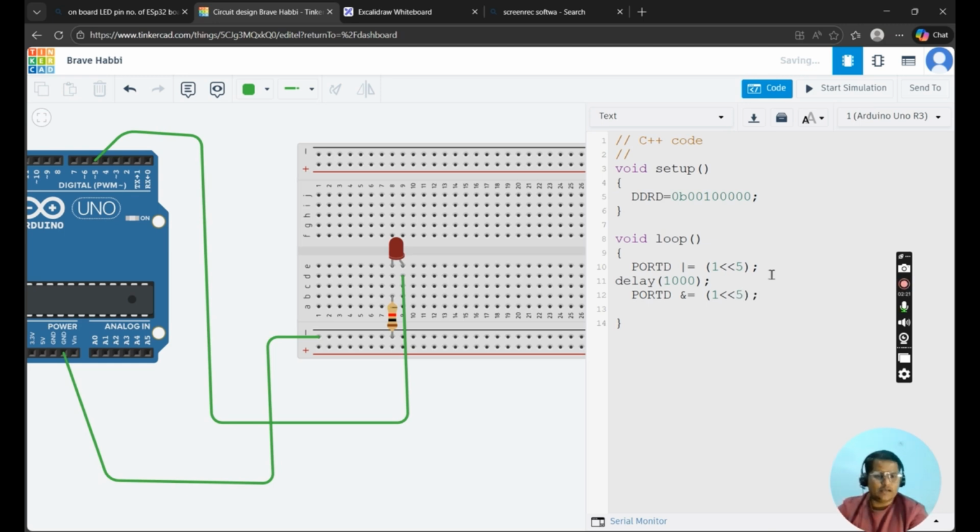If I do this, I'm just doing AND with the same thing. Now it should blink, but there is no delay, so you won't be able to see it turning off. So again we have to put a delay. Now let's see the output. The output will be amazing and you will have a clear understanding of how all these things work.